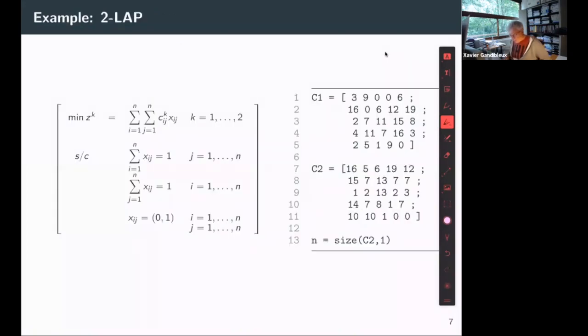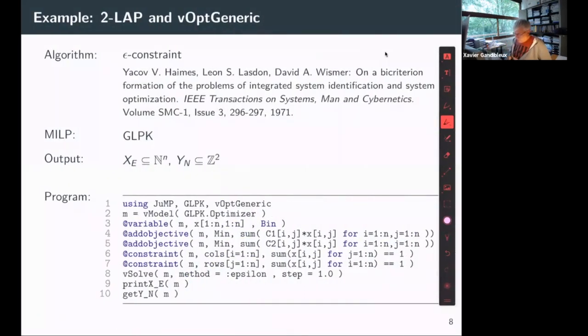Let me give you an example using the bijective linear assignment problem. This is the cost for the two objectives. If you want to solve it with vOpt generic, here using the epsilon constraint method and calling GLPK as solver, the user has to invoke JuMP, GLPK, and vOpt generic. Then he has to define the model, vModel for vector model, providing the solver that you want to use.